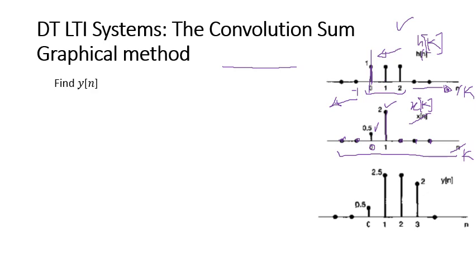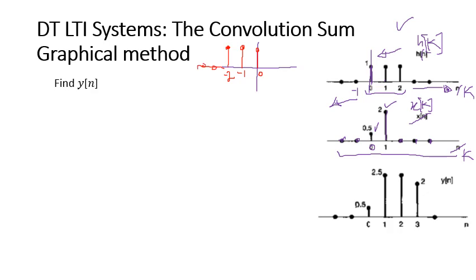So let me plot. For example, this is your origin. Let's take red color. This is the sample at 0, and the sample at 1 will be placed here, that is now at -1, and similarly the sample at 2 will be at position -2, and for all other values they will be 0.